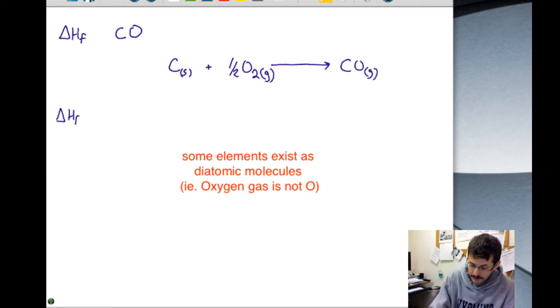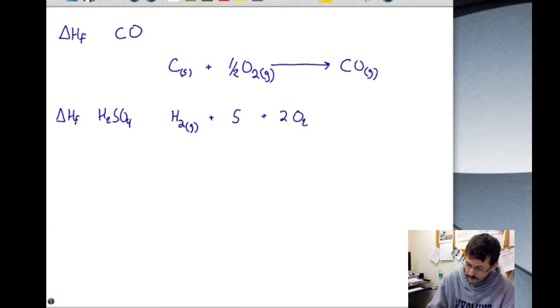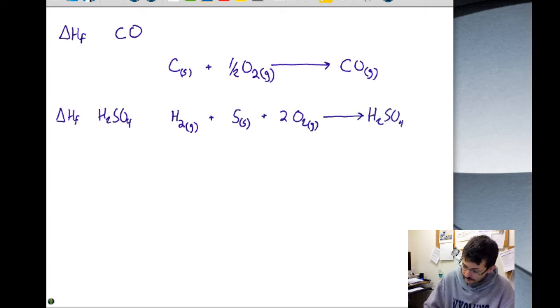Delta H formation of something like H2SO4 would represent 1 mole of H2 gas plus sulfur plus 2 O2s. This is solid sulfur. This would be gaseous oxygen going to 1 mole of H2SO4 liquid. The enthalpy change associated with this reaction would be the enthalpy of formation. If you measured these reactions under standard state conditions, this would represent the standard enthalpy of formation.